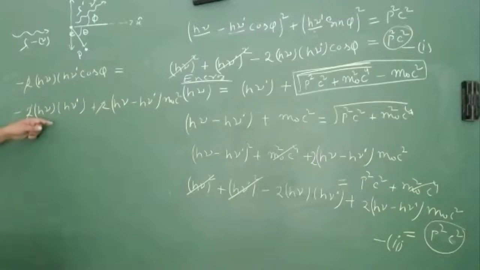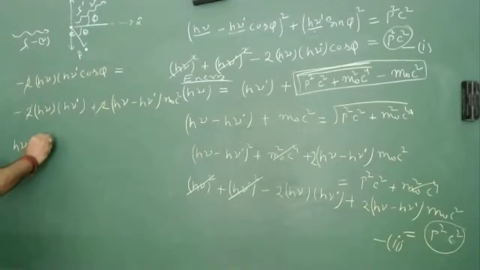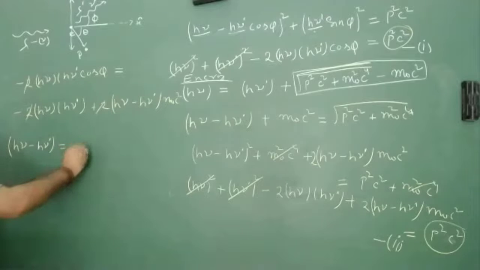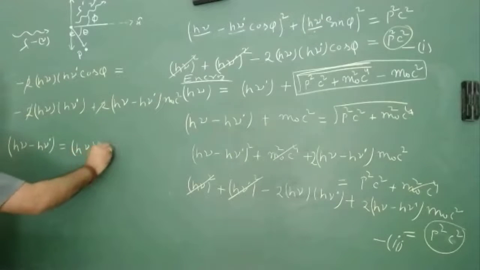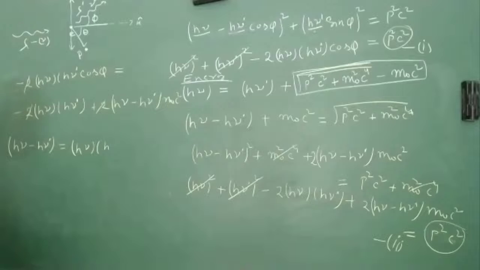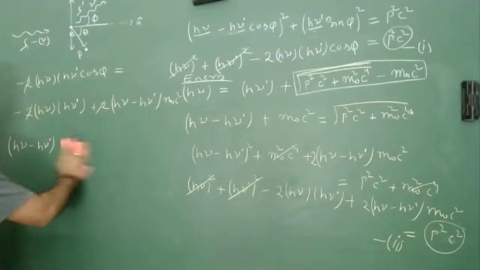What we can do is take this term to this side. So I can write h nu minus h nu dash must be equal to m naught c square, and this is very important.